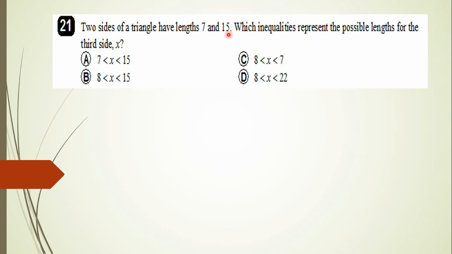This side must be greater than the difference and smaller than the sum. For example, x: the difference between them is 8 and their sum is 22. Then x is between 8 and 22.